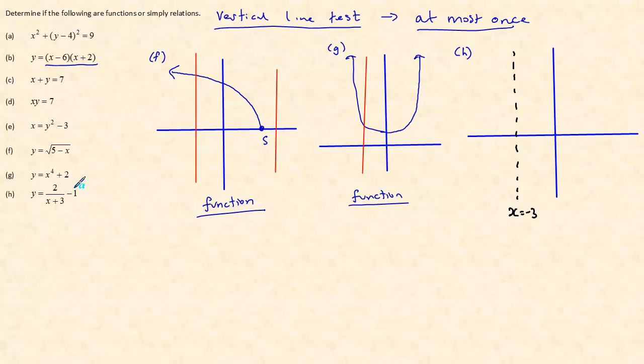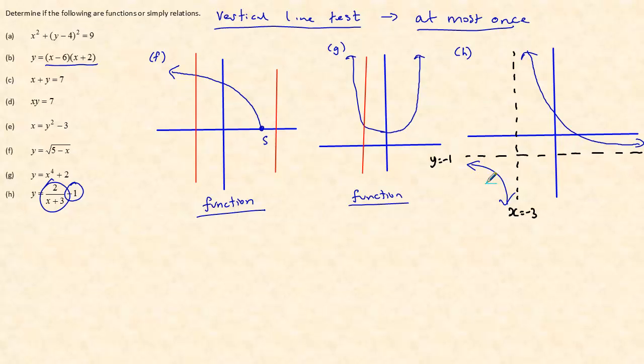The negative one outside here is going to move the whole thing down, and that means that the horizontal asymptote would be y equals negative 1. Other than that, we can see that this is a 1 over x type graph. So without worrying too much about intercepts and things, the general shape of that is going to be like this.